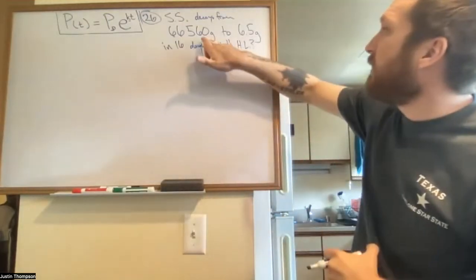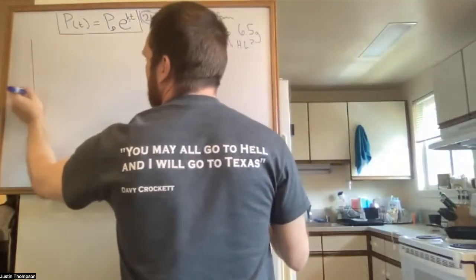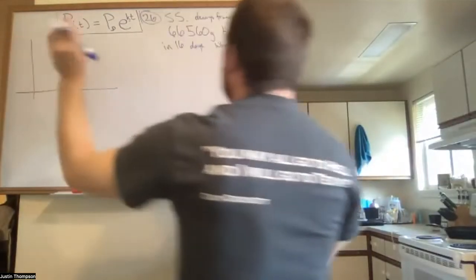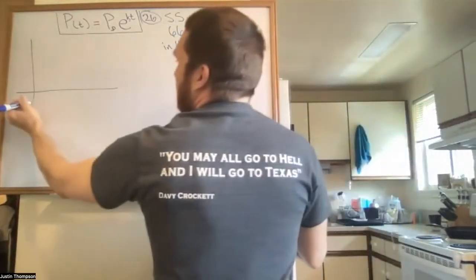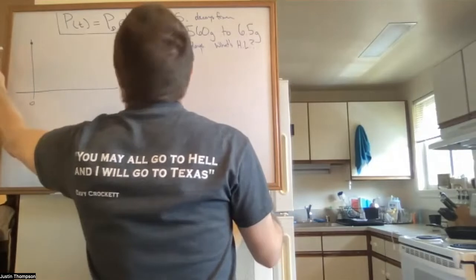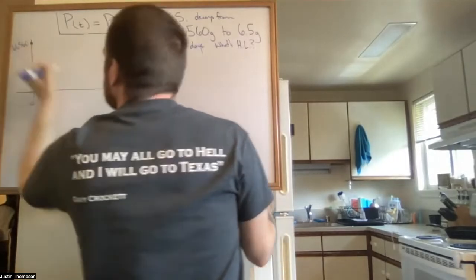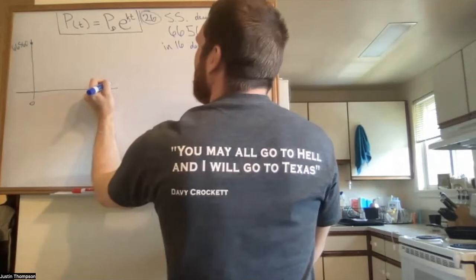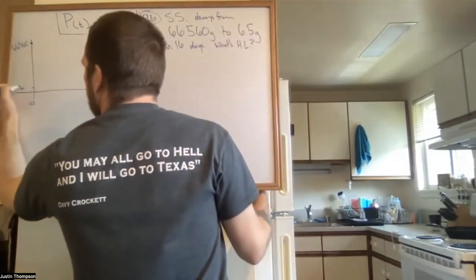Tells me that we're going from here to there. So I know that's decay, and they're talking about half-life, so it's got to be decay. So why make it hard on myself? Let's take my first data point to be here at 0. So we start here at 66,560, and we end up down here at 6.5.